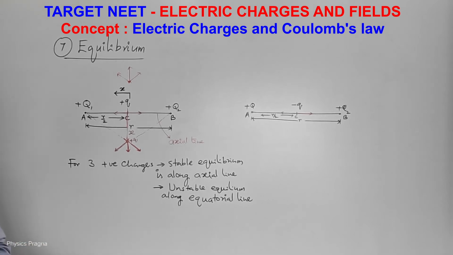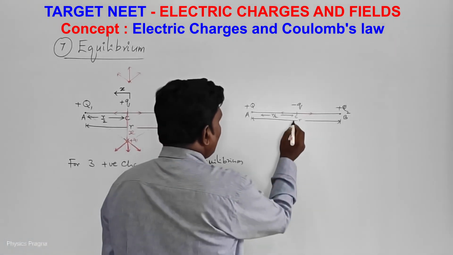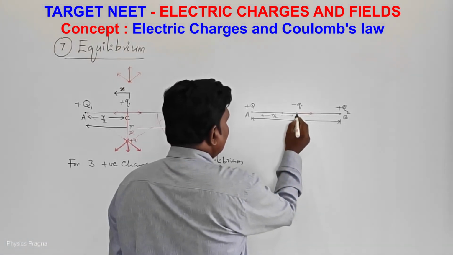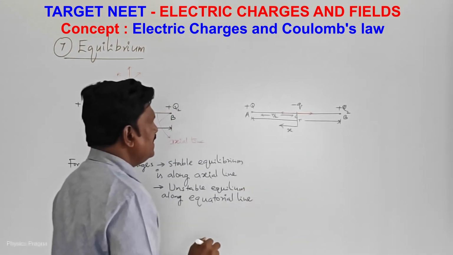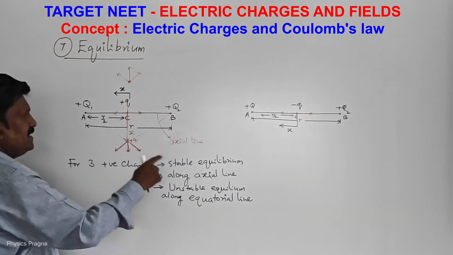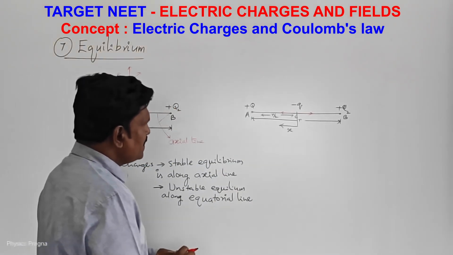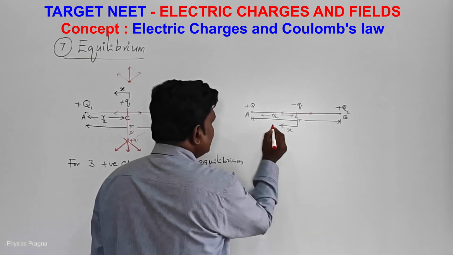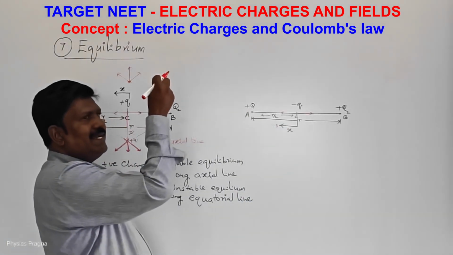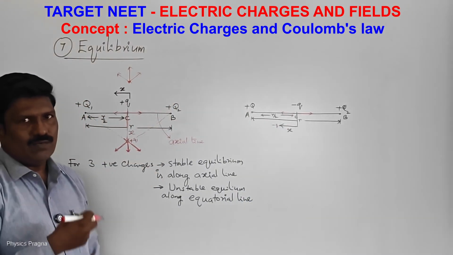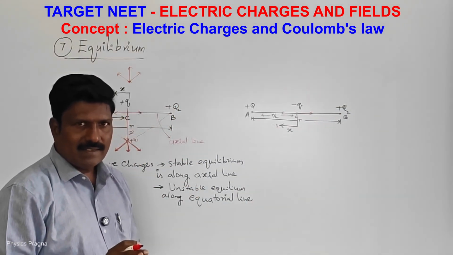For that, what we have to do? We have to disturb that charge. So first, I will move this charge like this to x distance. Here I moved x distance. Here also I moved this like this in x distance. Then what happens? The negative charge, negative q, comes closer to positive. That's why it attracts towards it. It won't leave it. It won't go to that side. No oscillation.